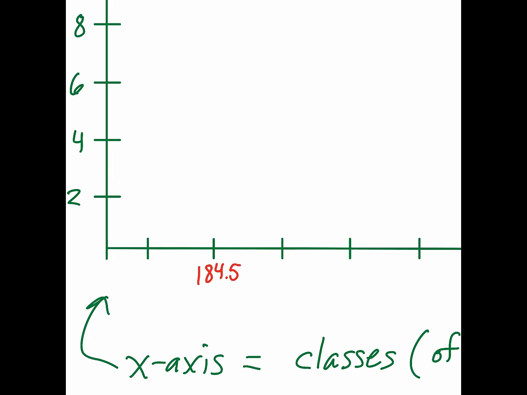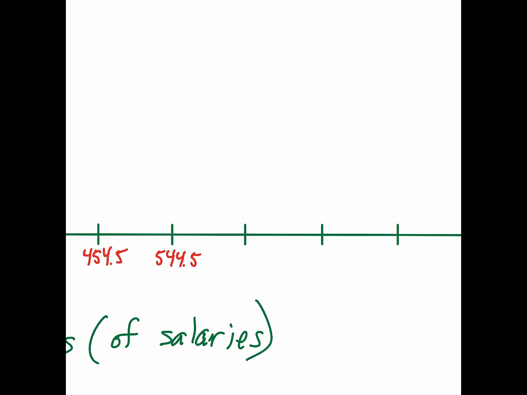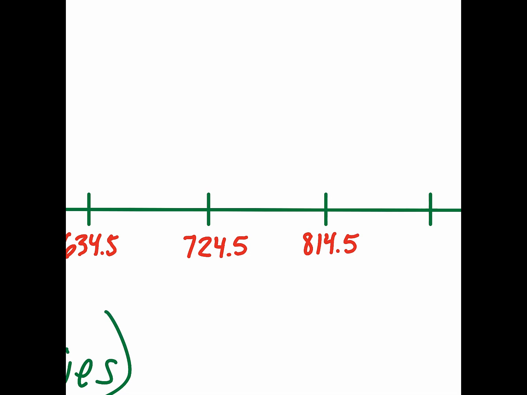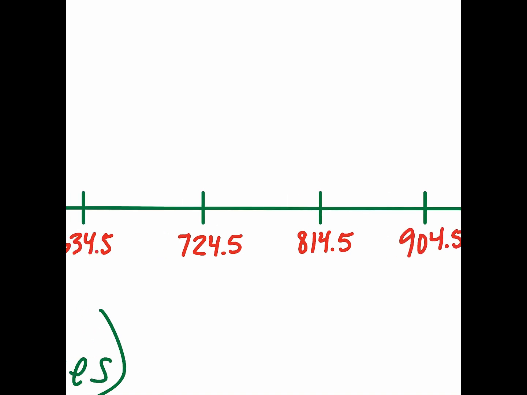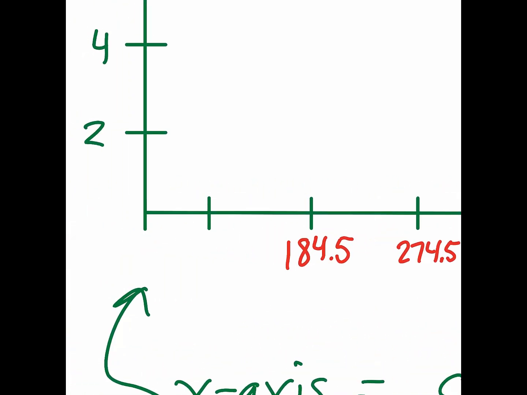And going on down the list, our next midpoint is going to be 274.5, and so on. And we're going to add one more, quote, midpoint on the end here, simply by adding 90. I'll get 904.5. And the same thing on the left-hand side, I'm going to subtract 90 from 184.5, which gives me 94.5.